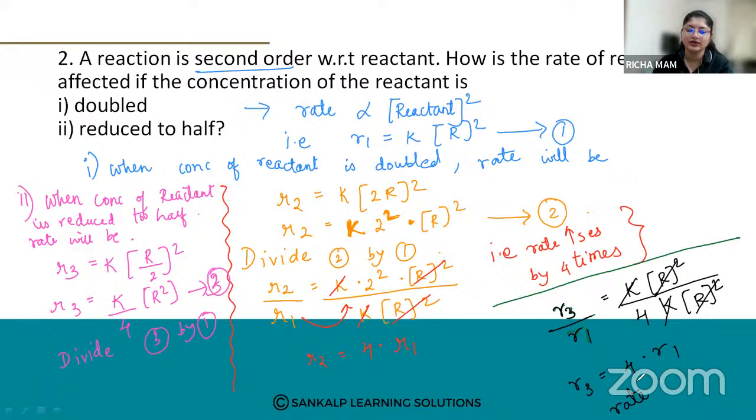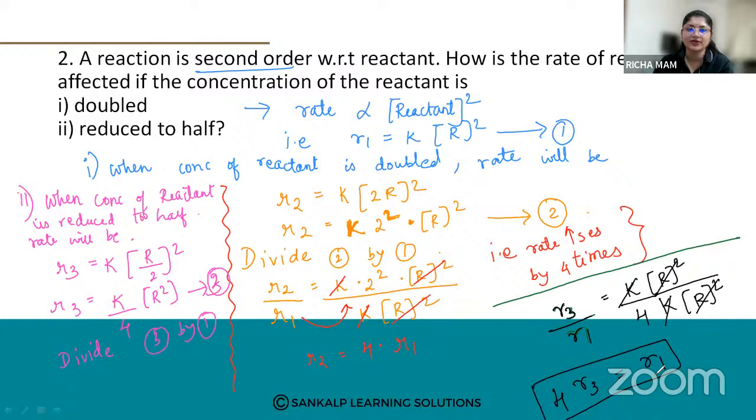If I shift this 4 here, it will become 4 R3 is equals to R1. So what will happen?